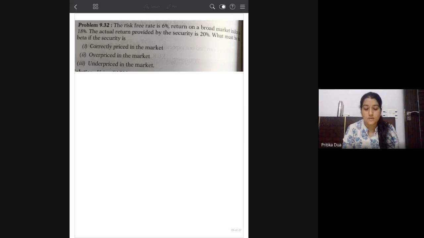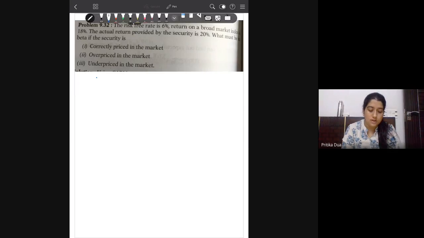So the risk-free rate of return is 6%, while the market return is 18%. Actual return on the security is 20%. What must be the beta of the security? So whenever you are having a question on systematic risk, it is implied that you are using the CAPM model. So you put in the values in the CAPM equation.